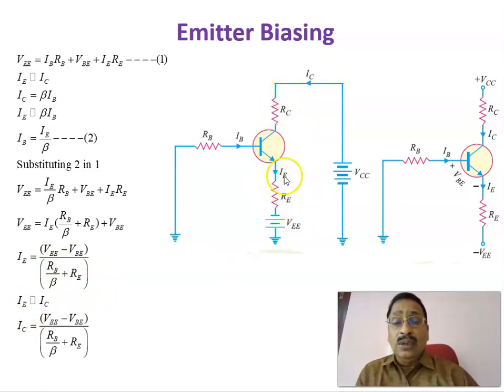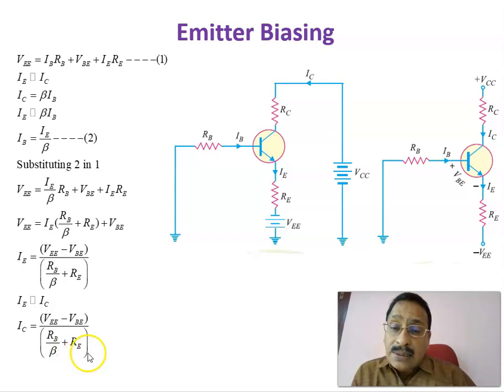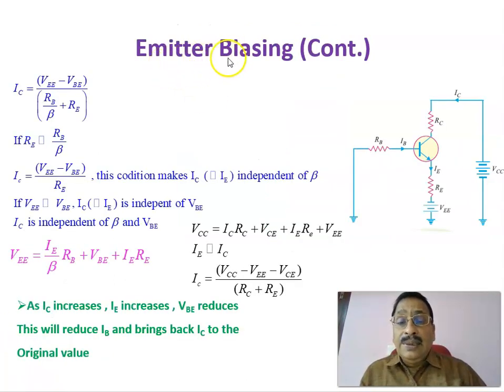As I already told, emitter current is approximately equal to IC because the IB value is very small. You can say that collector current is given by VEE minus VBE divided by RB divided by beta plus RE. That is the equation for collector current.